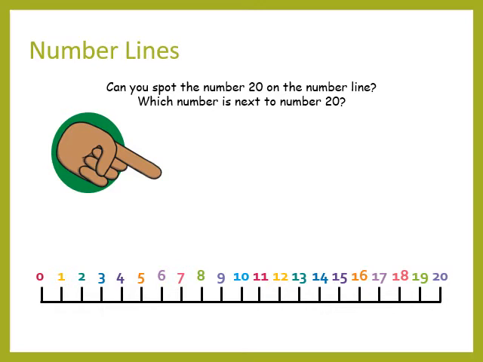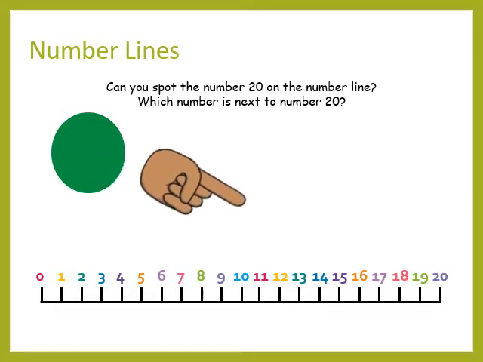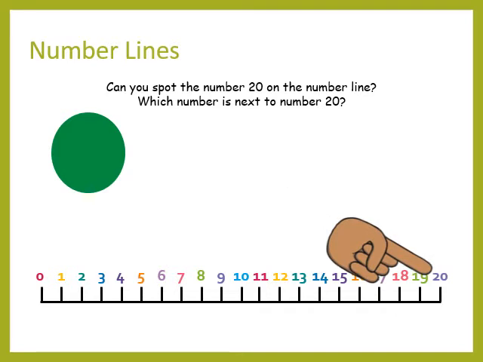Is it 18 or 19? Very close to number 20. Which comes before 20 next to it? You think and tell me. Yes, exactly, KG1. His Peter pointer went to number 19. Excellent.